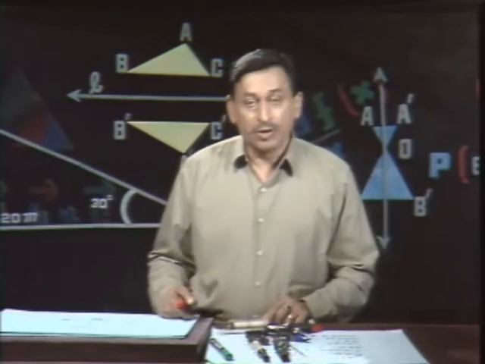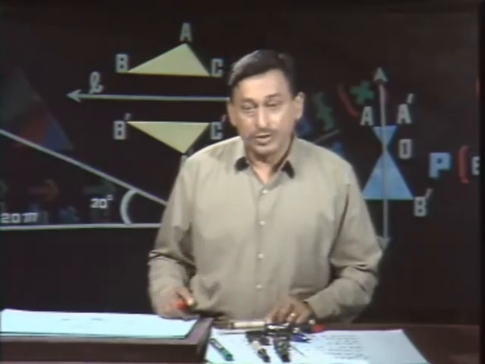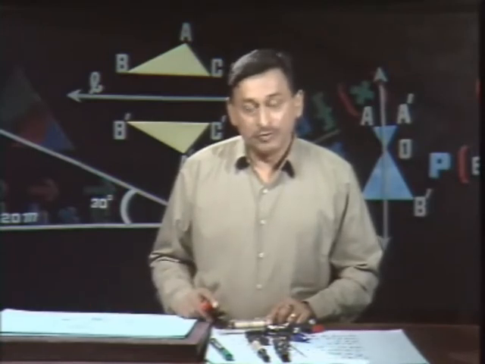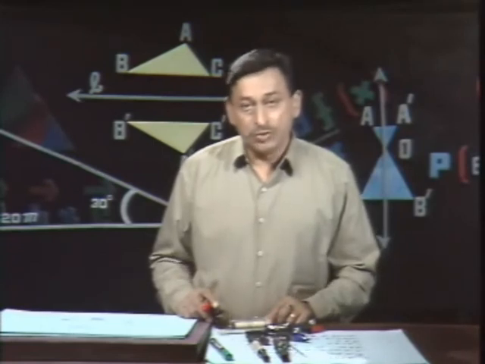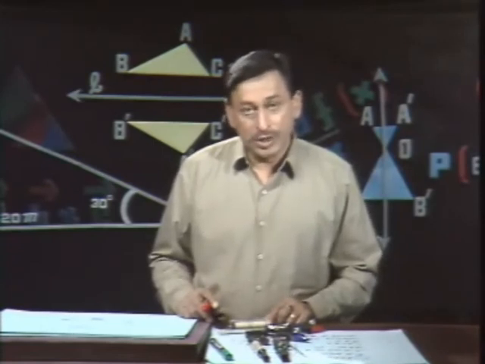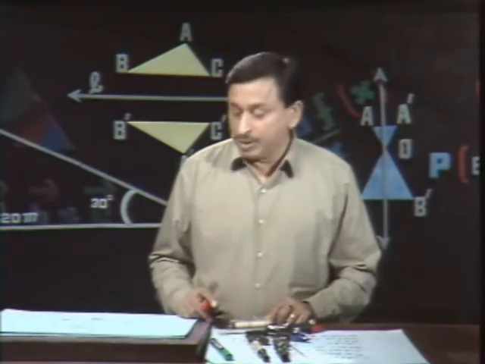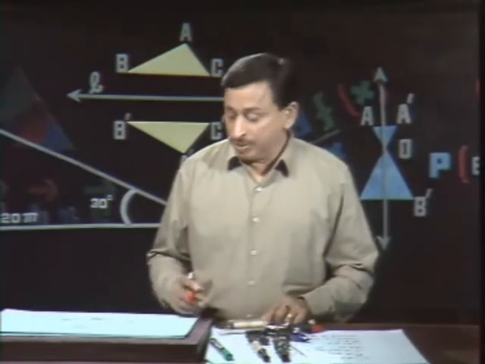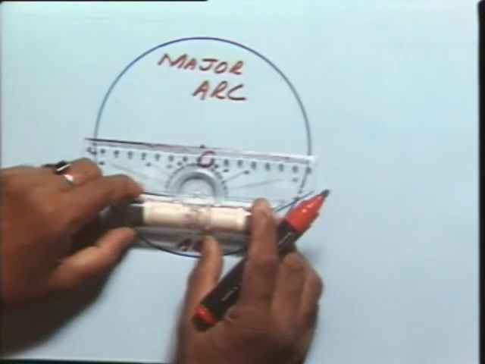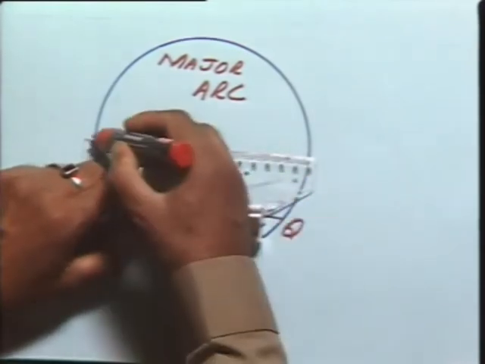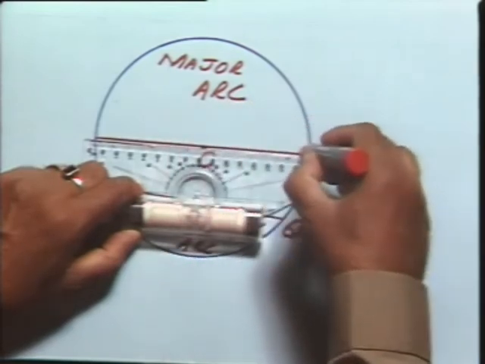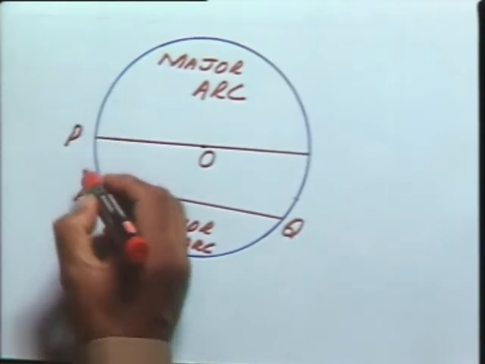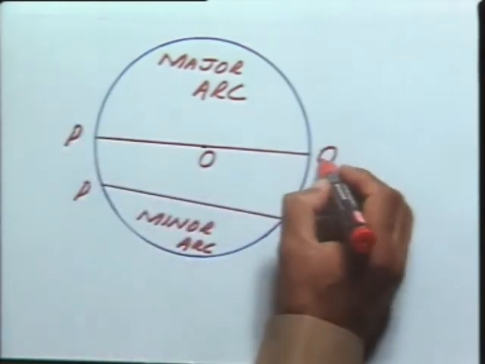Now, do you think that a chord, whenever it is drawn in a circle, will give us two kinds of arcs, one minor, one major? Well, the first part is right, it is going to give us two arcs, yes, but can you think of a situation when this minor arc and the major arc are going to be equal? Let us examine that. If I draw this chord like this, now this point P has come here, this point Q has come here.